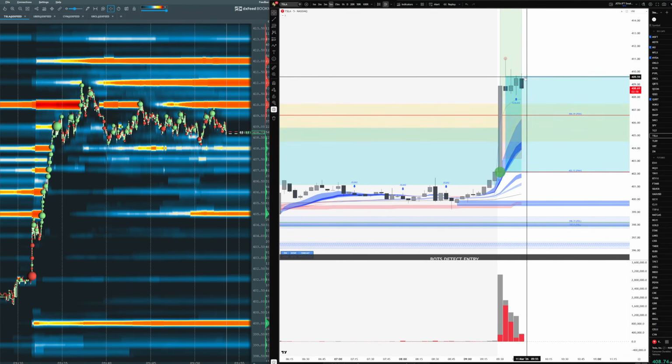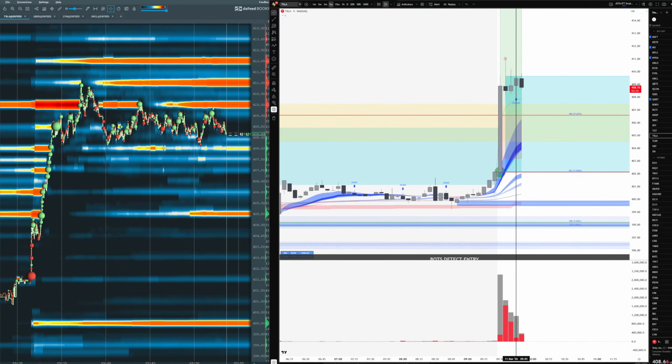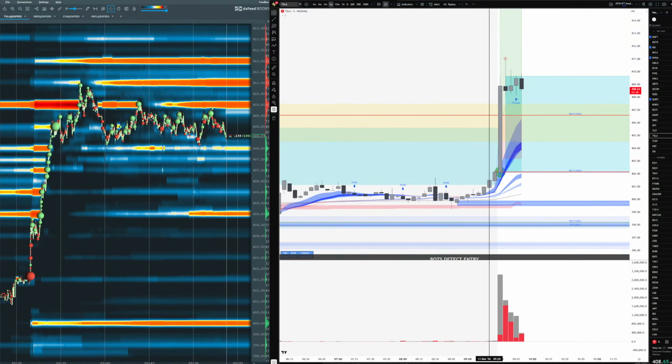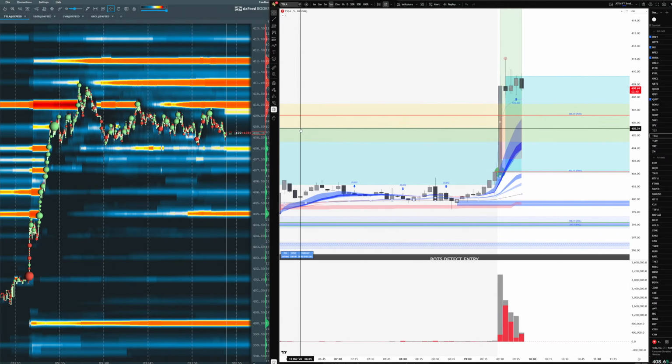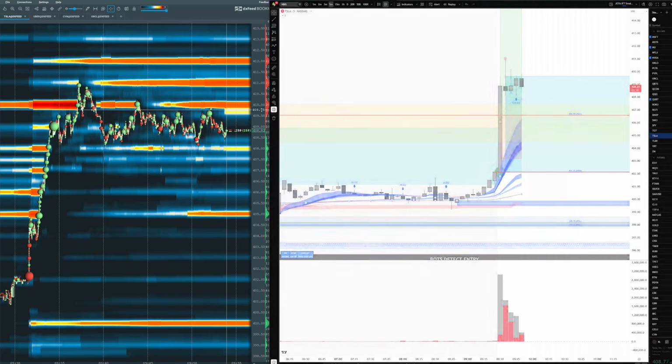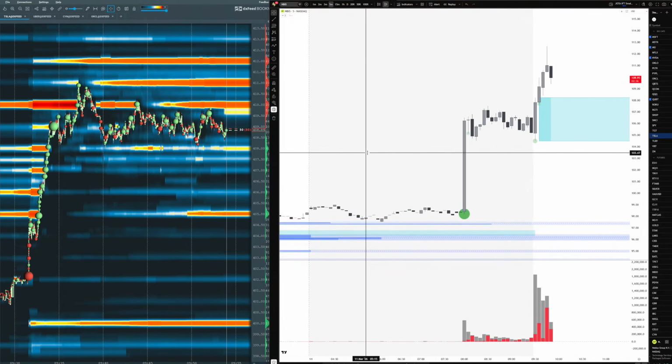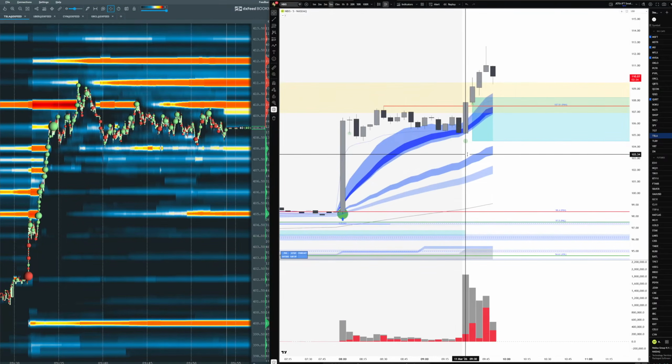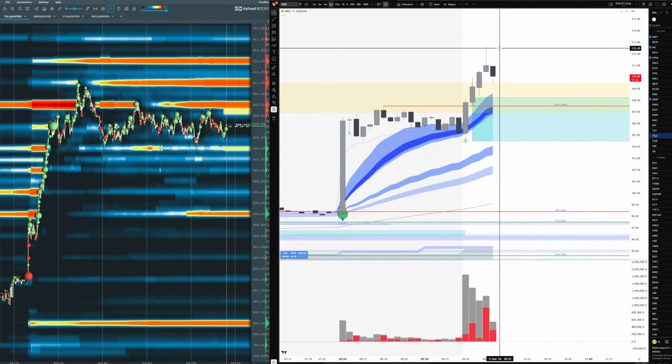We still have the long play over here. Let's hold. I missed today this morning NBIS. I had this in a plan. Came perfect over here. Good long play.